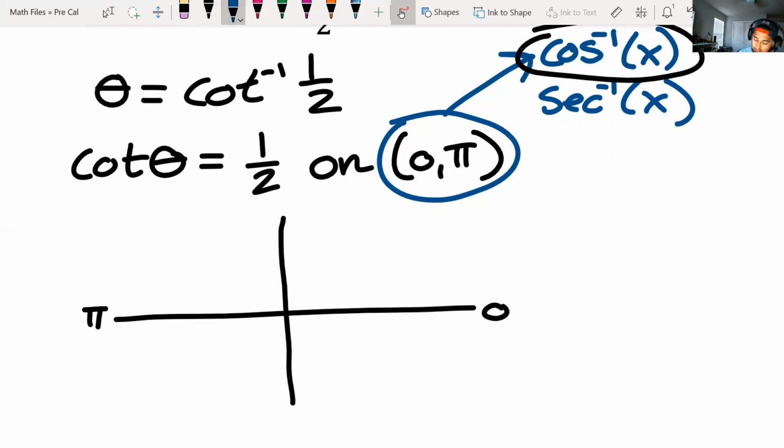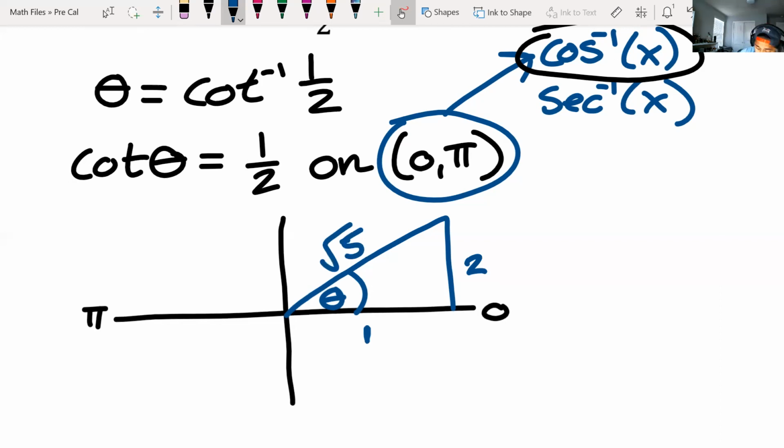Because cosine inverse only lives in quadrants 1 and 2, we have to be in 1. And if cotangent is 1/2, cotangent is adjacent over opposite, so this becomes 1, that becomes 2. And what's my hypotenuse? Radical 5.